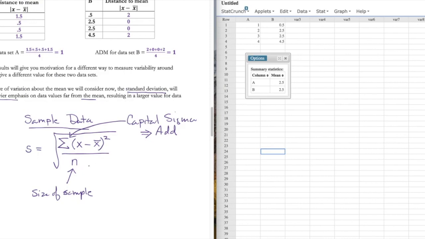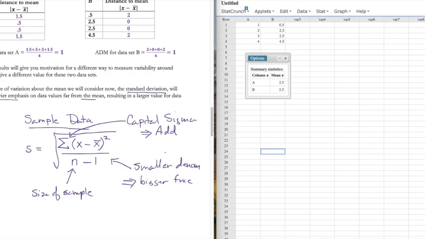And instead of dividing by just n, we divide by n minus 1, okay? But again, the reason we do that, a smaller denominator gives us a bigger overall fraction, and that is done to better estimate the standard deviation of the population that our sample came from.